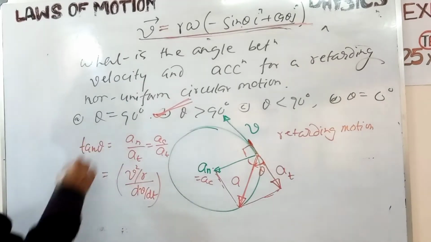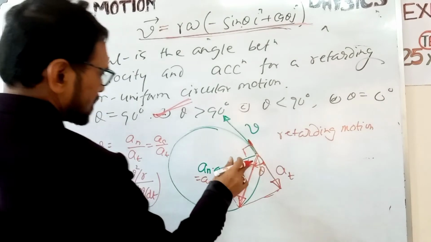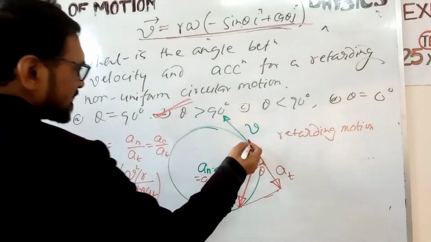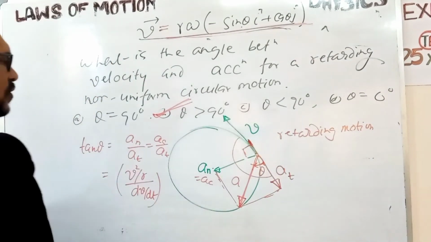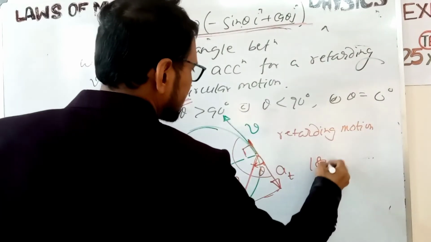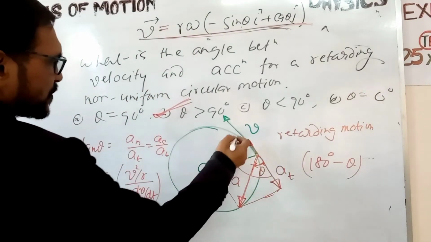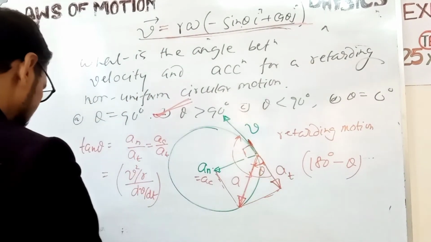So we get theta from this. Now the answer will be 90 plus theta. Now the answer will be 180 minus theta. So this angle is 180 degrees total. So what is the angle between velocity and acceleration? The answer will be 180 minus theta. The actual angle between the velocity and acceleration is this.